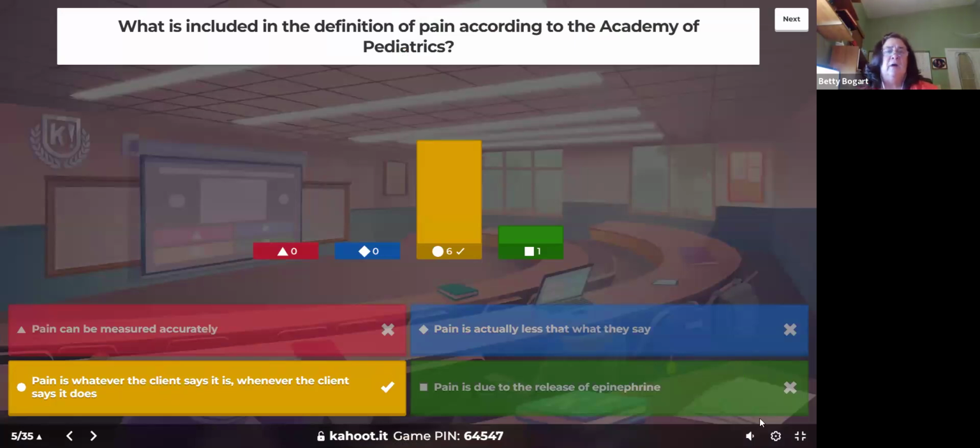I mean, they used to say, well, that child or that person doesn't look like they're in pain, and they don't need anything. Well, we know that everybody responds to pain differently. So that's why. Pain is whatever the client says it is whenever the client says it does. Okay. They say they're in an 8 pain, they're in an 8 pain.